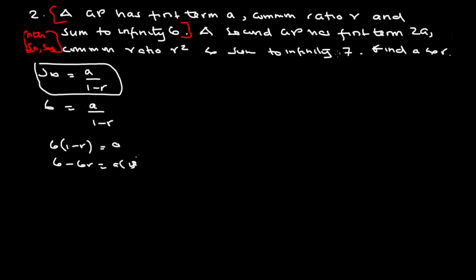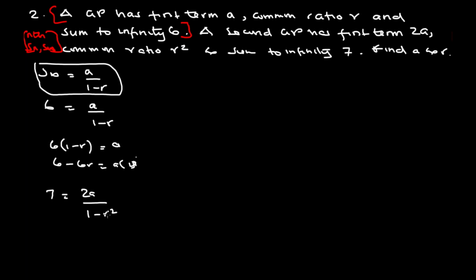And then the sum to infinity for that case is 7. So it's going to be 7. So I'll say 7 is equal to 2A over, this time around we'll have 1 minus R squared, because R this time is R squared. Okay.